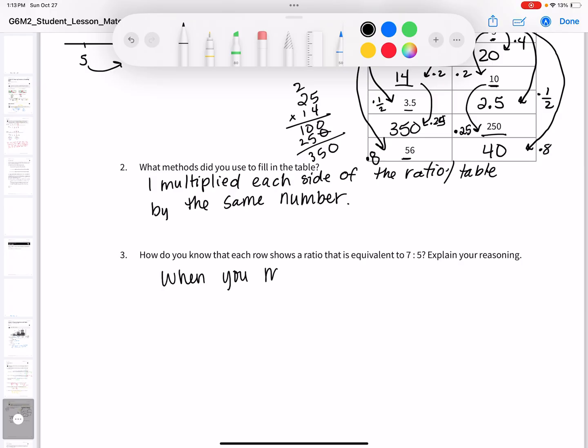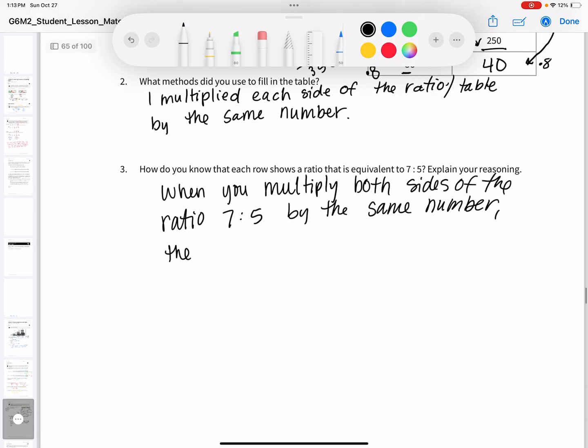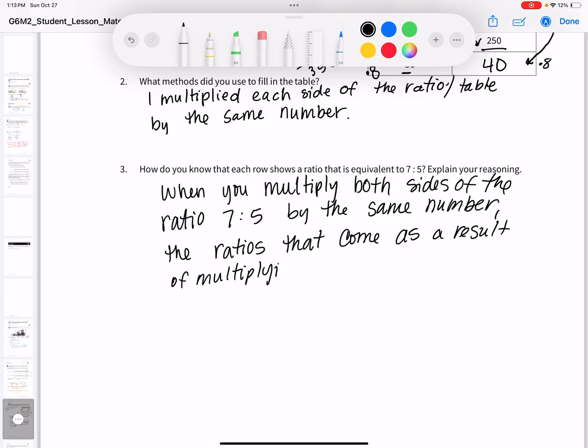When you multiply both sides of the ratio, 7 to 5, by the same number, the subsequent ratios, the ratios that come as a result of multiplying, are equivalent to the original ratio.